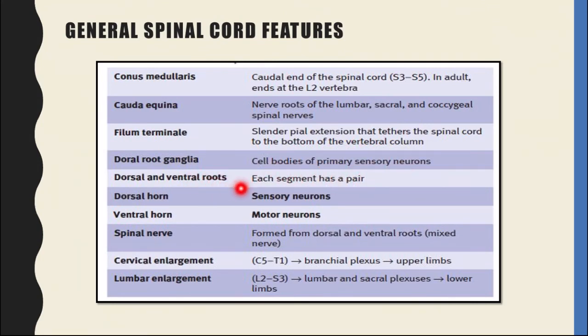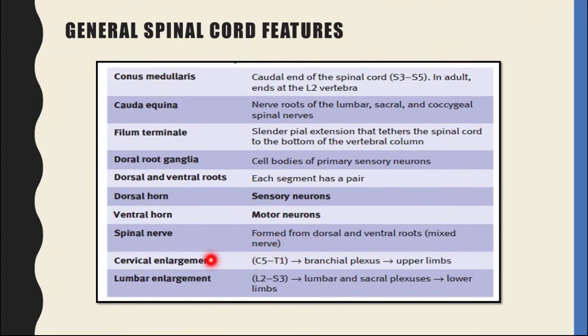Each segment has a pair of dorsal and ventral roots. The dorsal horn has sensory neurons, the ventral horn has motor neurons, and the dorsal and ventral roots form a trunk called the spinal nerve. It is formed from the dorsal and ventral roots, so it becomes a mixed nerve.